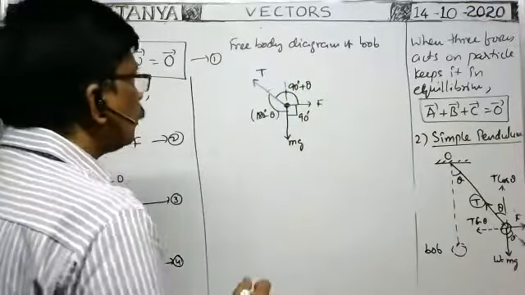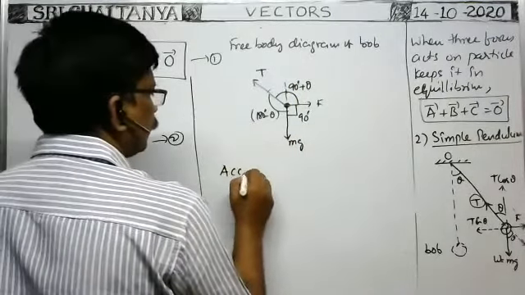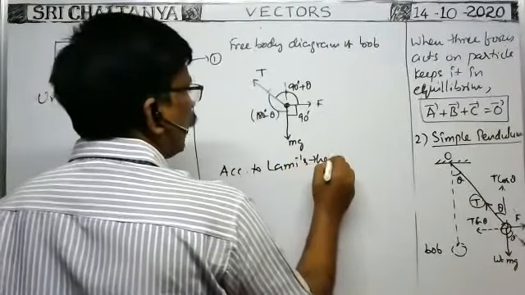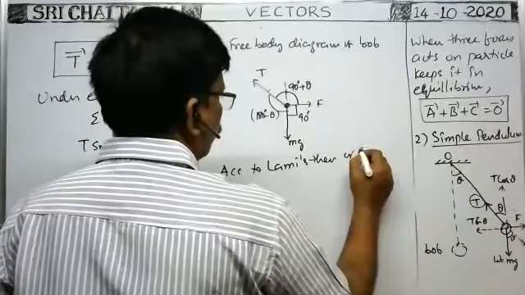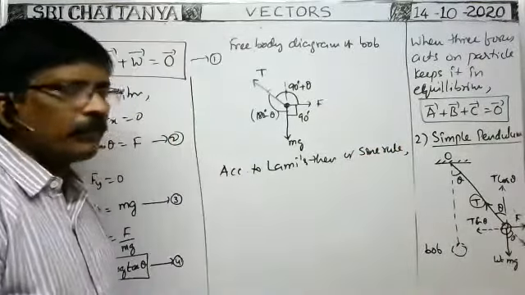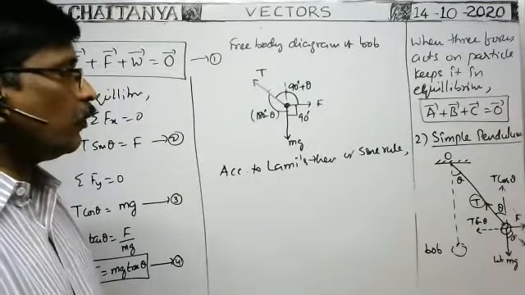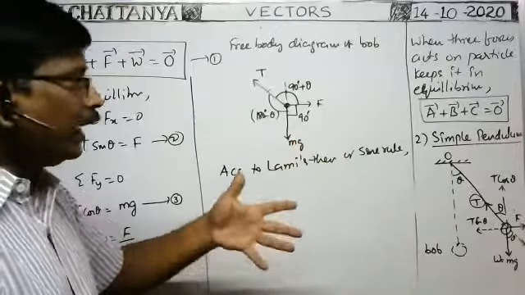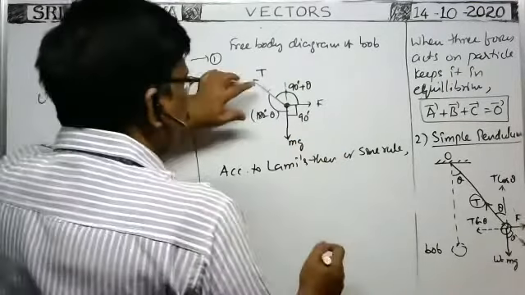Then according to Lami's theorem, or according to the sine rule, tell me how we can write. According to Lami's theorem, a by sin A, b by sin B, c by sin C are equal. A by sin A means this side.